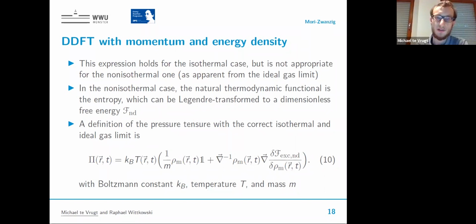One expression that would satisfy the correct isothermal and ideal gas limit, though not the only one, which is why we're going to check this with MD simulations, is this expression here. Or I can express it in terms of the density and a non-isothermal excess free energy functional.